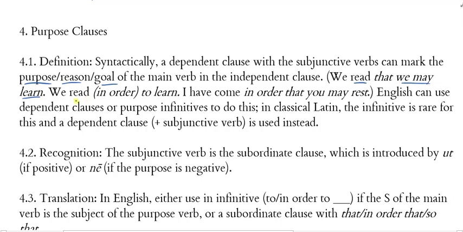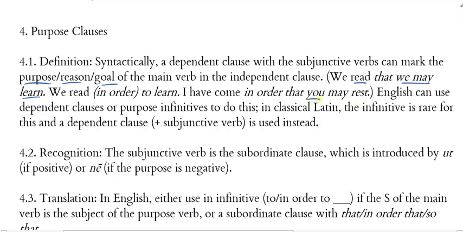We could also express this idea with just an infinitive. We read to learn, or we read in order to learn. So learning is the purpose of the reading. And then I have come, and have come is the main verb. Why? What's the purpose for coming? In order that you may rest.